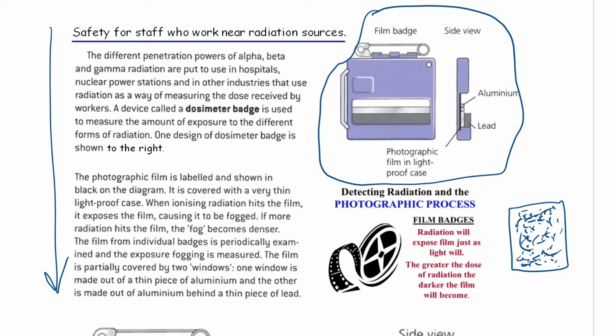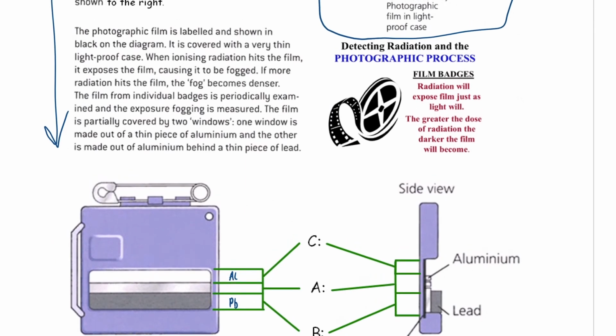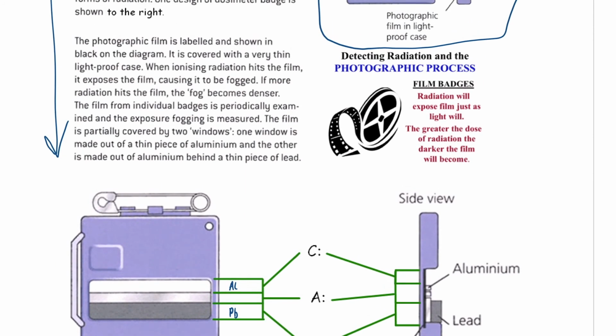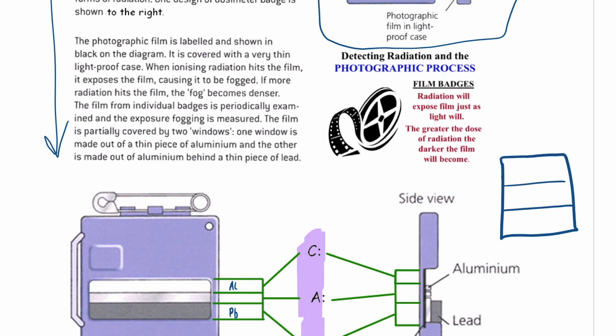But what we want to know as well is what type of radiation is hitting the film. The film is split up into three parts, and you can see that here, A, B and C.